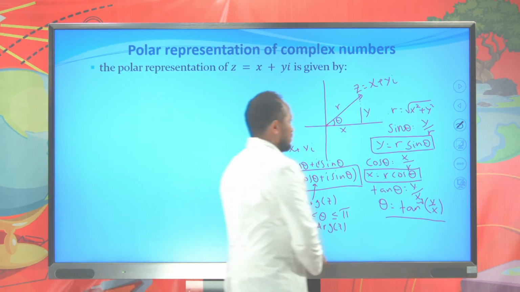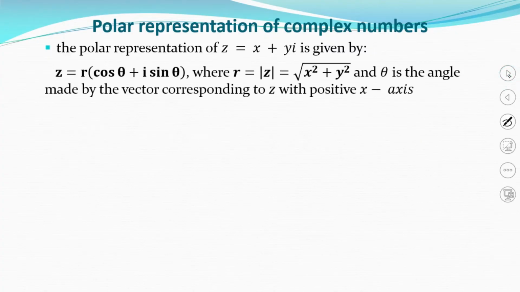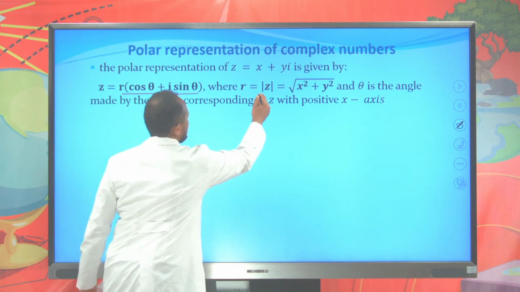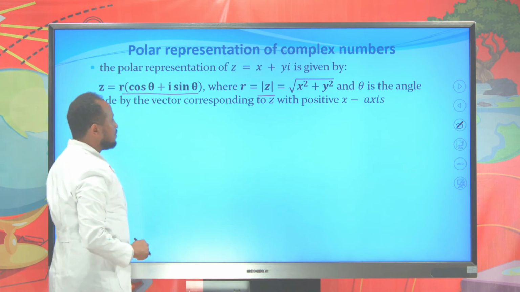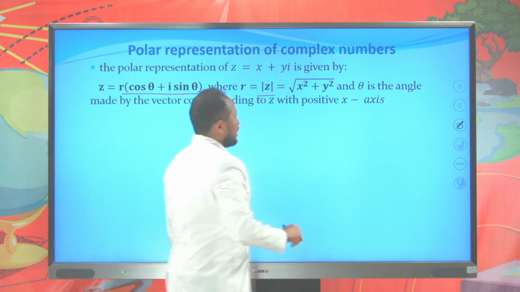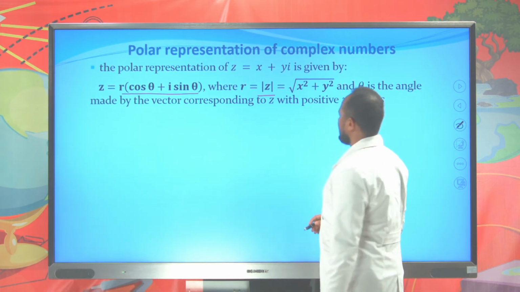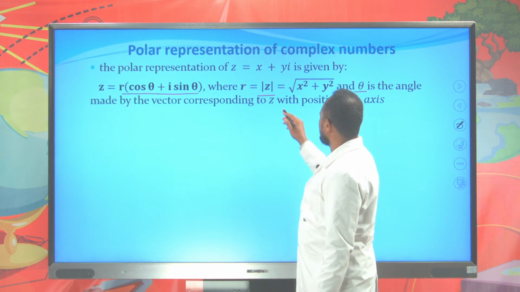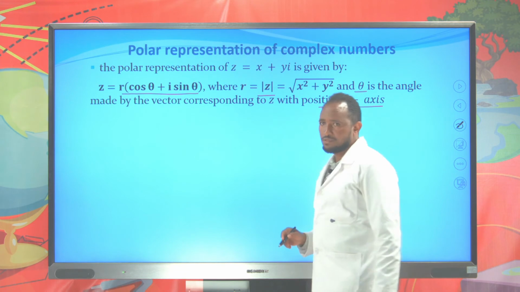Now let's see this concept. The polar representation, as we said, is z equal to r into cos theta plus i sin theta, where r is the modulus of z given by this form, and theta is the angle formed by the vector of z with the positive x-axis.